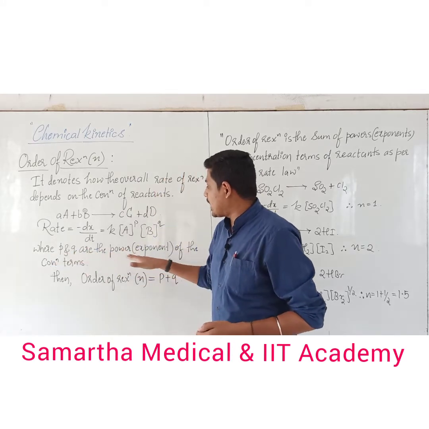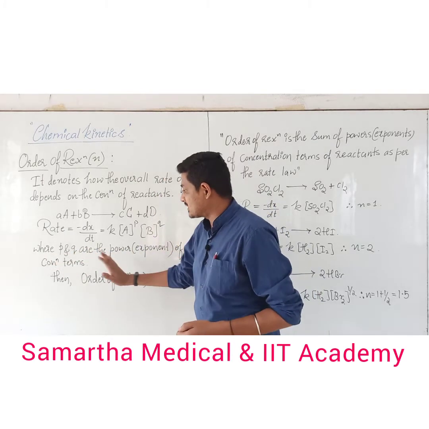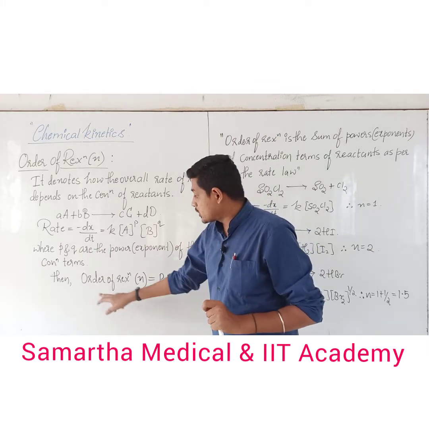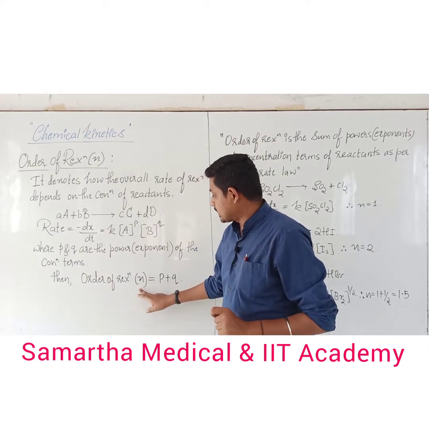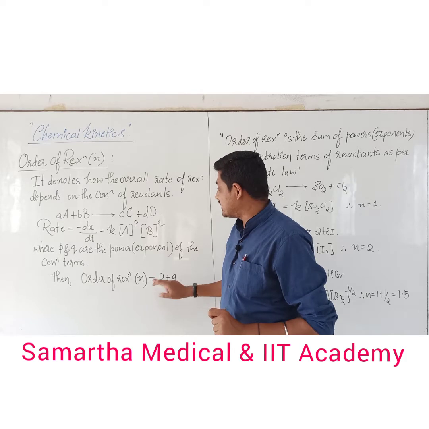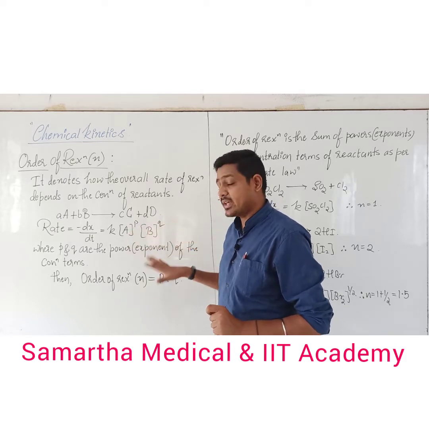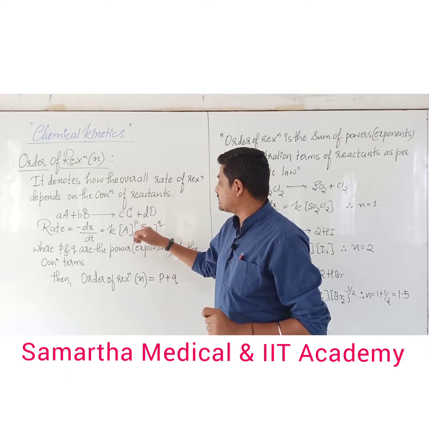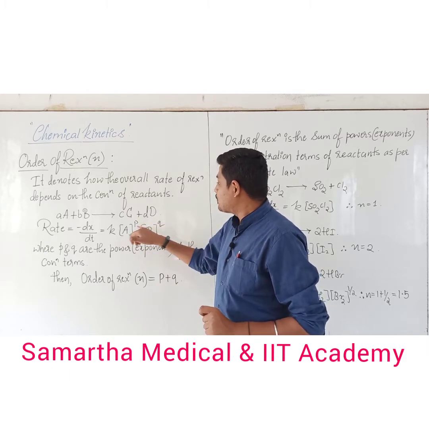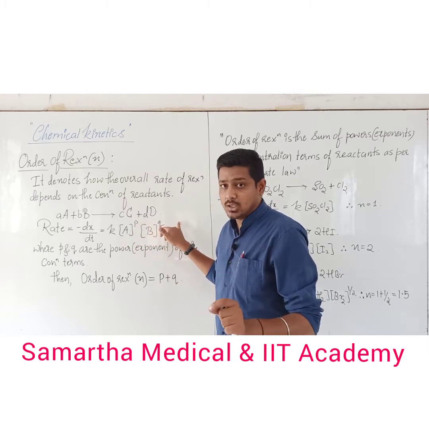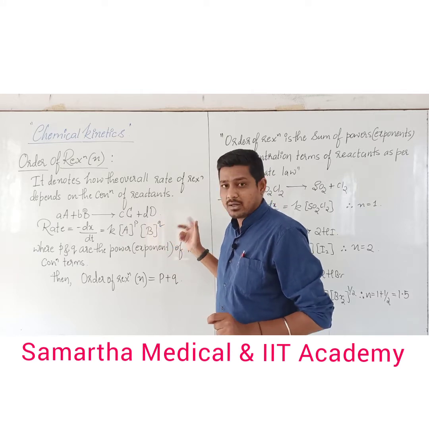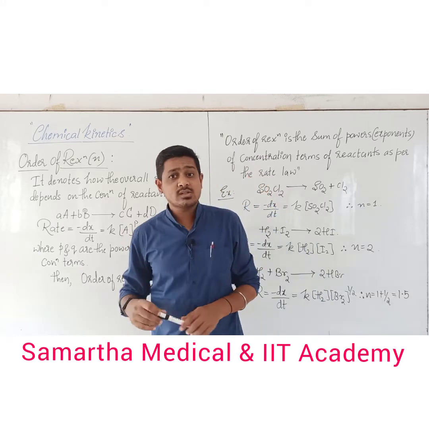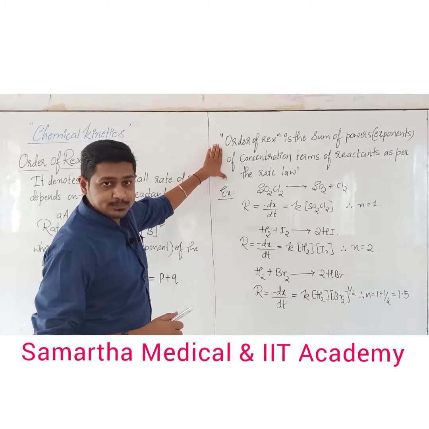Here p and q are the powers or exponents of the concentration terms. Then the order of the reaction, small n, is equal to the sum of these powers. What is the order of the reaction? n is equal to the sum of the powers of the concentration terms expressed in the rate law. That is what our definition says.